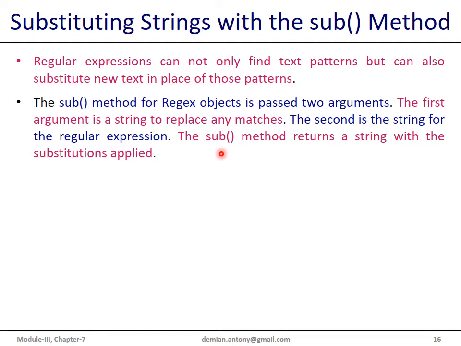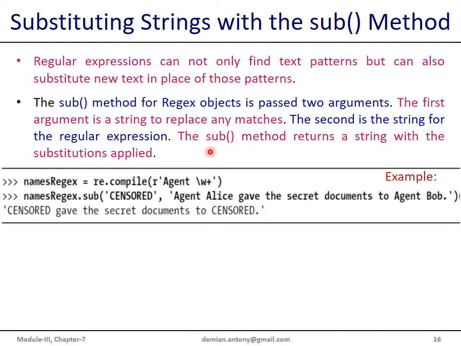It means that it gives the modified original string with the substitution applied based on the patterns found as per the regular expression. Let us take up the example. We create a regular expression object with a compile method, and we define a pattern: Agent, space, then \w+ for the word.